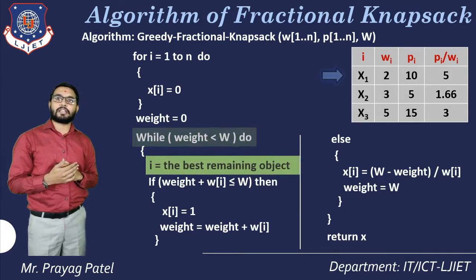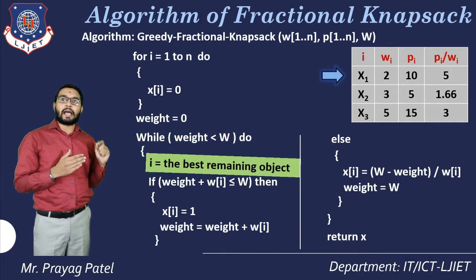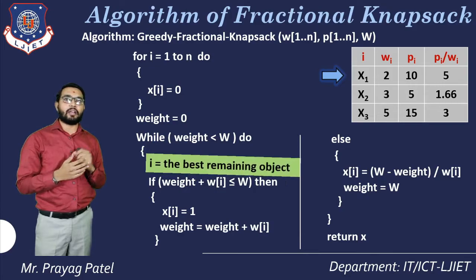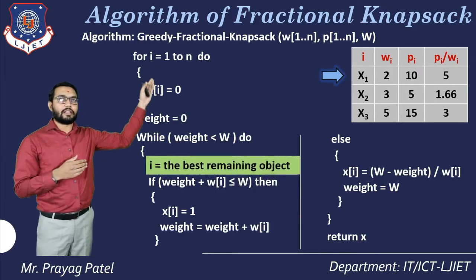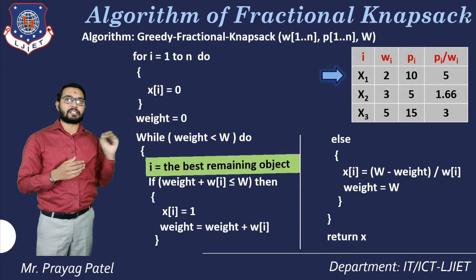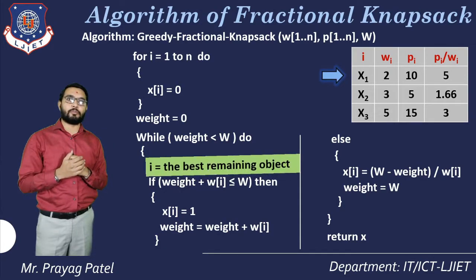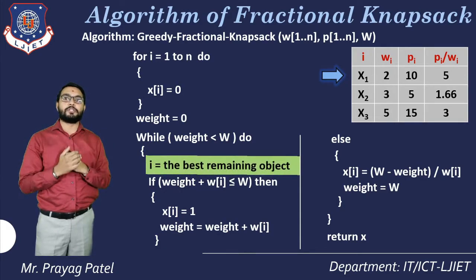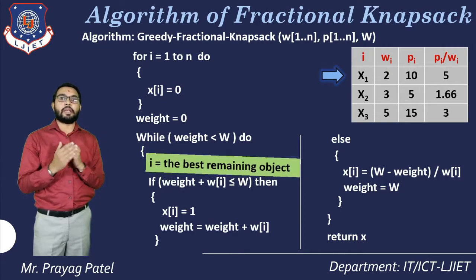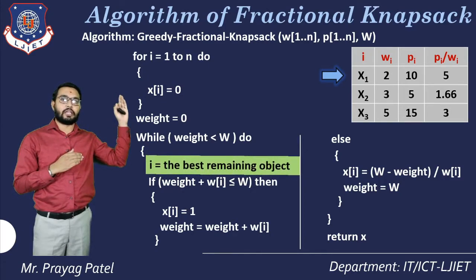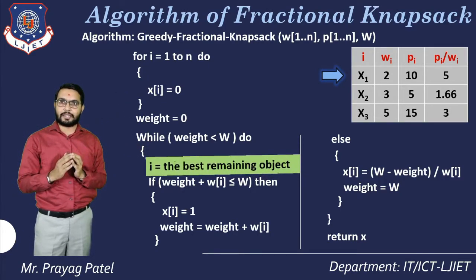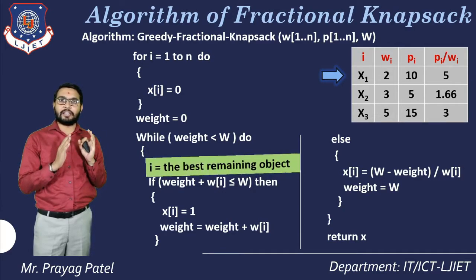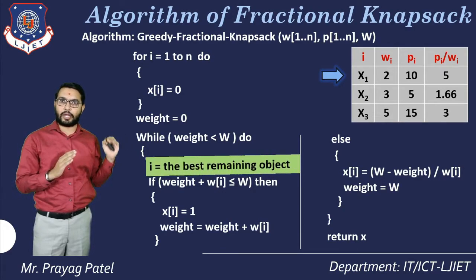So you can perform the next line of this while loop. The first line of the while loop is i equal to the best remaining object. You have 3 objects, x1, x2 and x3, and none are selected, so the remaining objects are x1, x2 and x3.